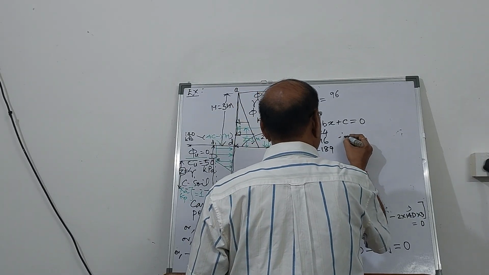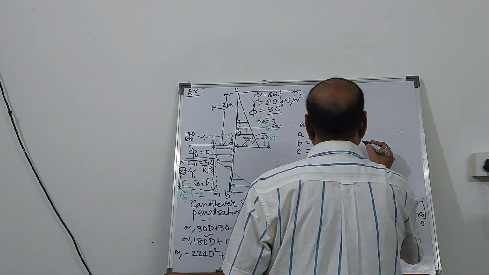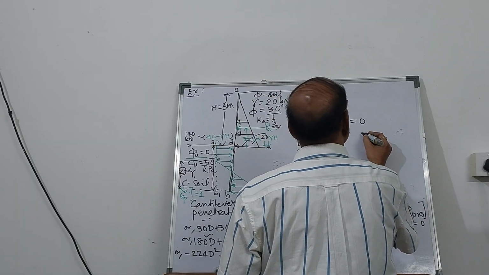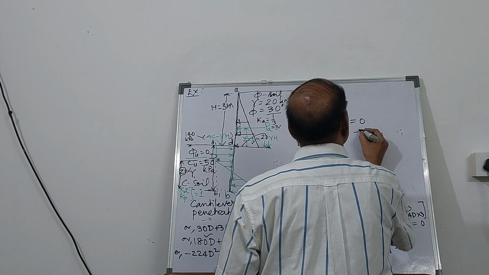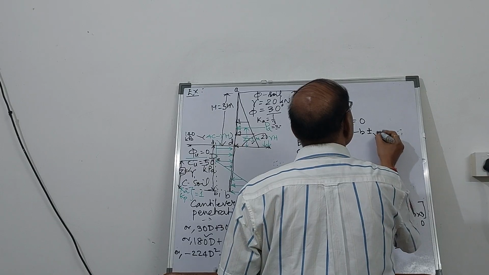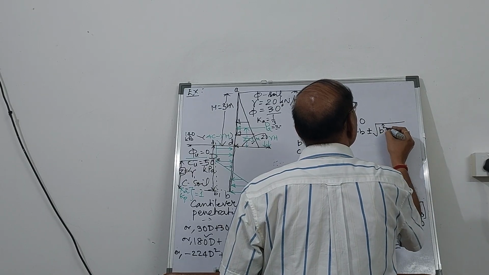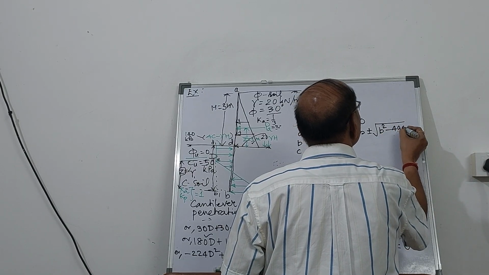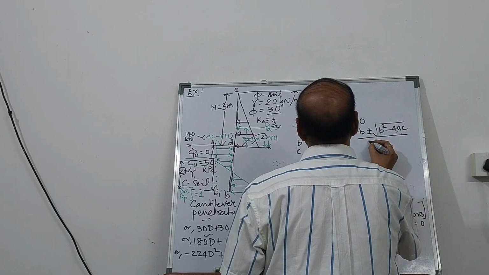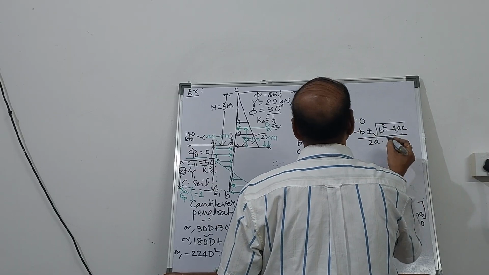So therefore the root of this equation can be found as minus b plus minus under root b square minus 4ac divided by 2a.